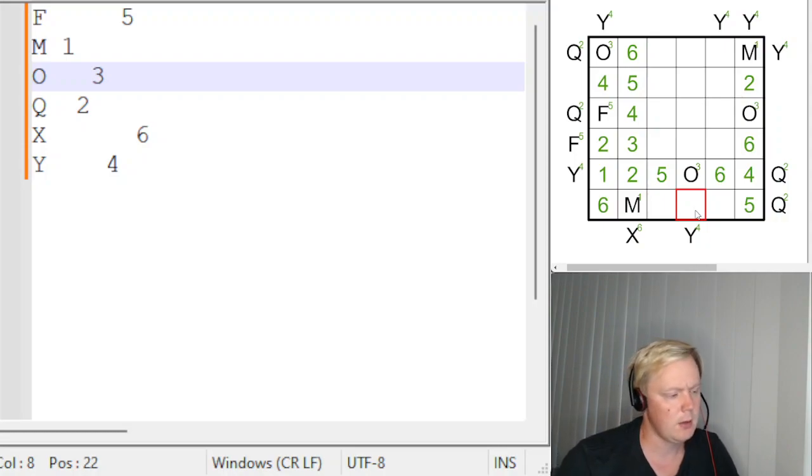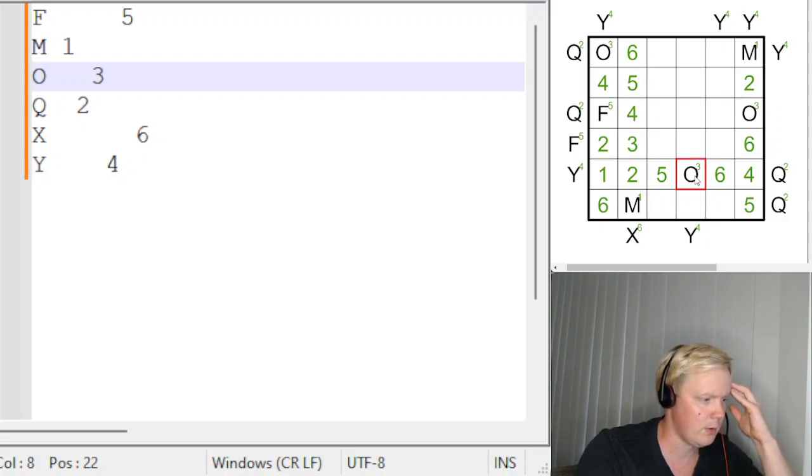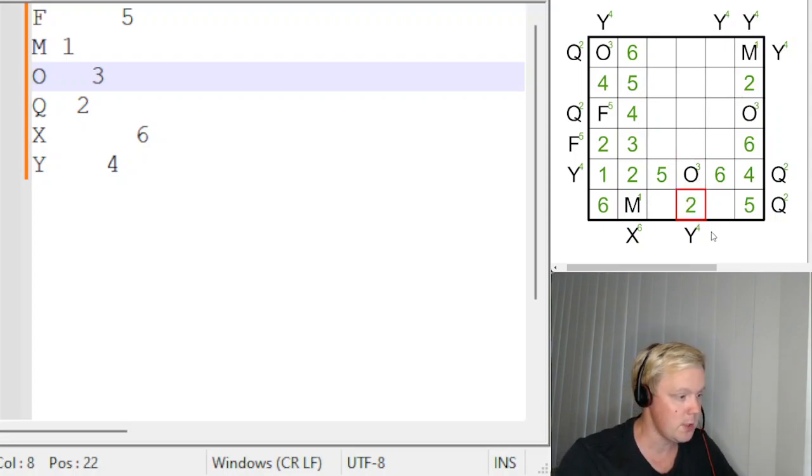But it could be... sorry, did I say 2, 3, and 4? Yeah, I did say, because we need 2, 3, and 4 on the row here. But 3 is impossible, because we already have a 3 in the column. So in fact, 4 is impossible and 3 is impossible, leaving 2. So this is 2. It sees 2 and 3. It sees a 6 somewhere, and it must see one more number.